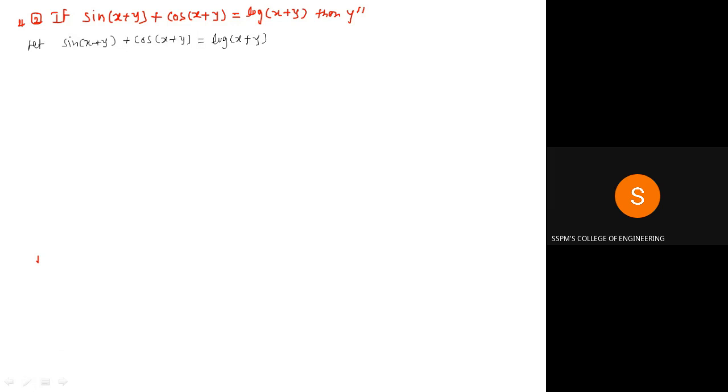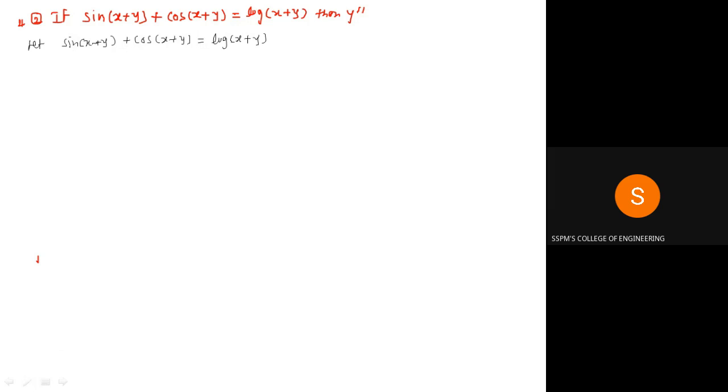You may think the process or job is lengthy. No, it's very simple. That depends on your understanding. And in this case, to find y double dash means what? d square y by dx square means in that function you treat x as an independent variable and y as a dependent variable, and from this you will get d square y by dx square.